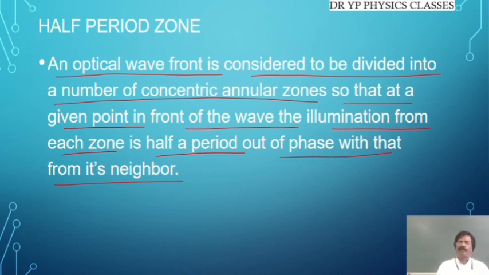An optical wavefront is considered to be divided into a number of concentric annular zones, so that at a given point in front of the wave, the illumination from each zone is half a period out of phase with that of its neighbor. You can understand here in this diagram, these are the annular rings.